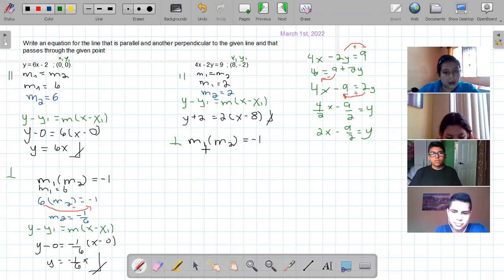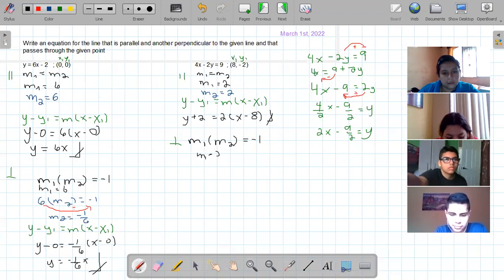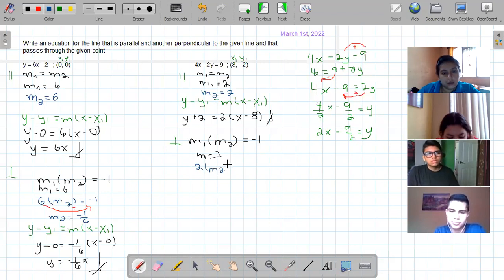I have already here M1, and M1 is 2. So I just need to substitute, and I'm going to say 2 times M2 has to be equal to -1. I need to leave M2 alone, so this passes to the other side dividing. So now M2 is equal to -1 over 2.